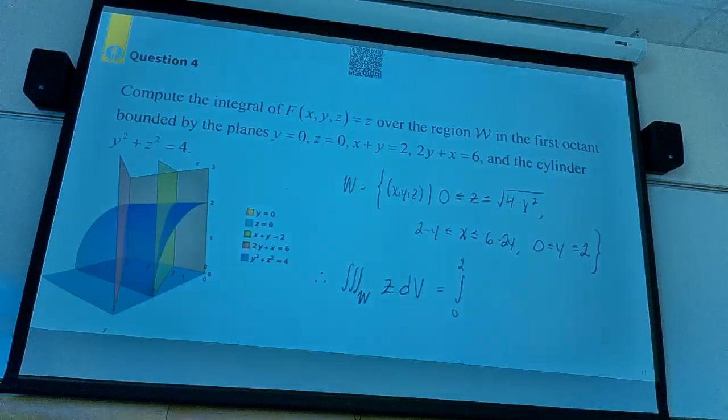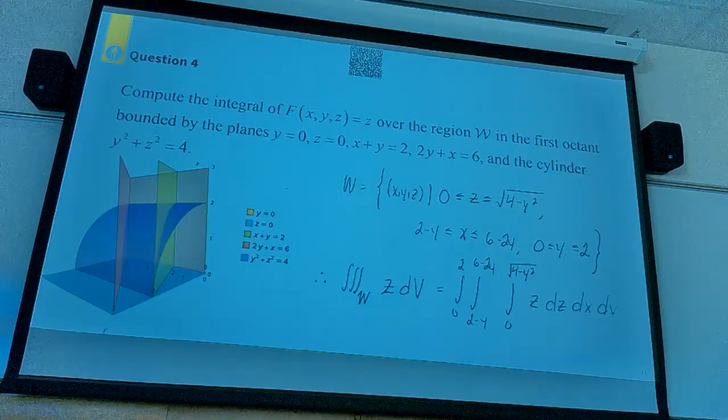So your outer bounds are for Y. Middle bounds are for X. And then the inner bounds are for Z. That would be the iterated integral. So that is what we have to evaluate.